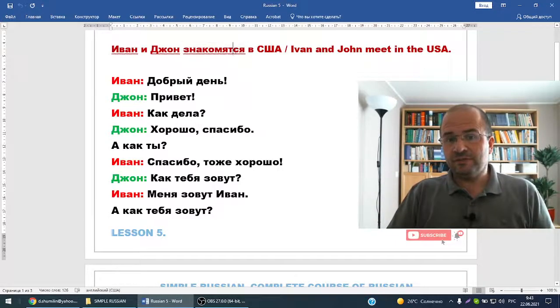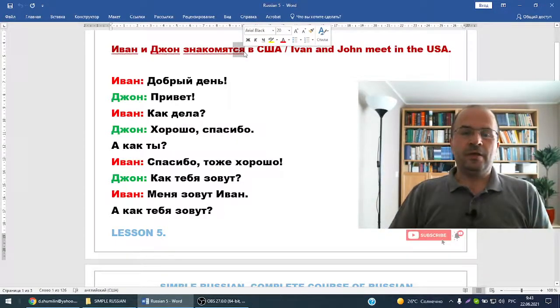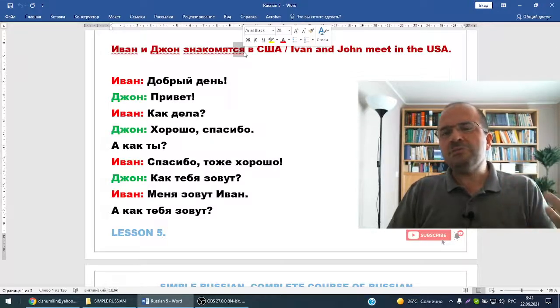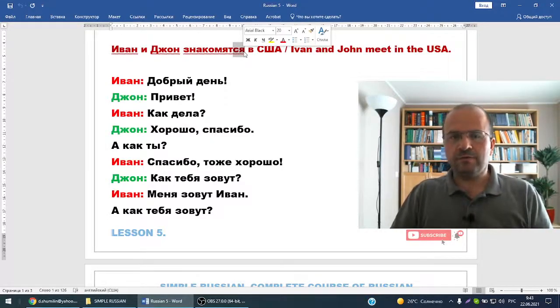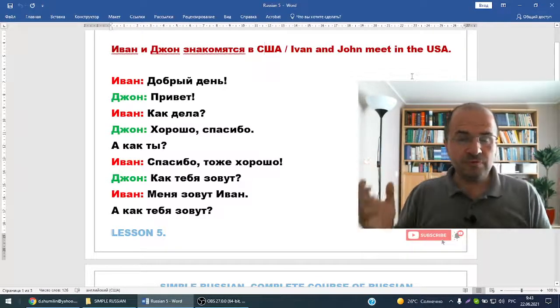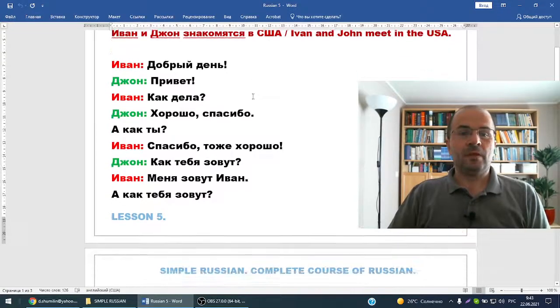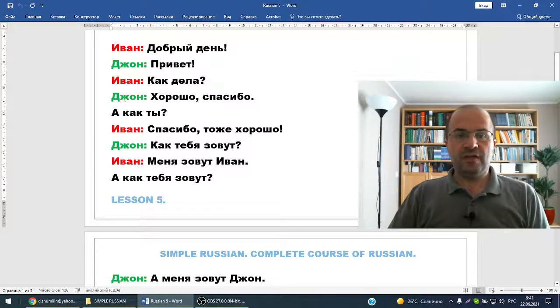The reflexiveness of this verb denotes the meaning of each other. So знакомятся means to meet. They get to know each other, they get acquainted with each other. В США. США means the USA. So Ivan and John are in the USA and they meet and they make acquaintance.